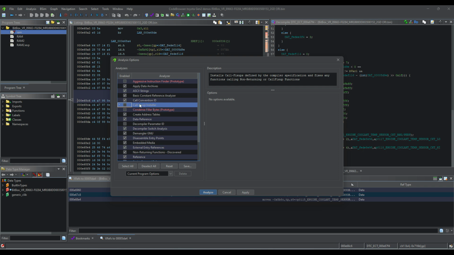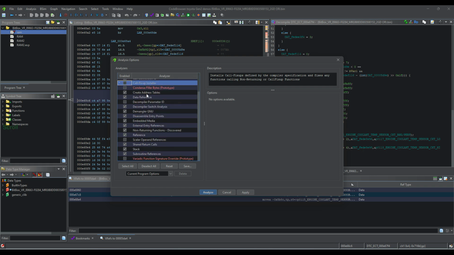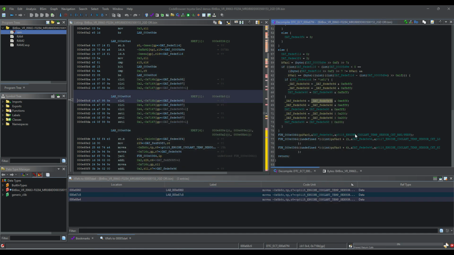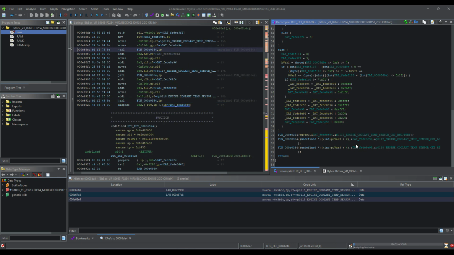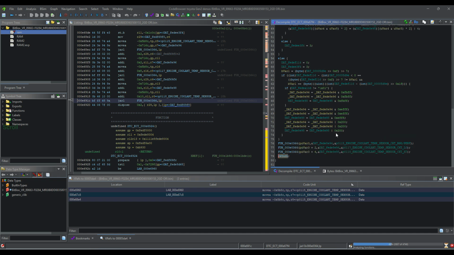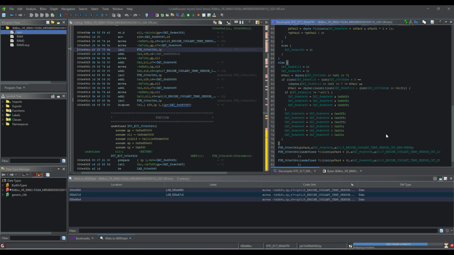So yeah, get rid of this fix up, get rid of this non-returning, hit apply, hit analyze, and it should come through and get these all linked up together. This one's working good, but we do need to get this sorted. There we go. That's it. Okay. All right.